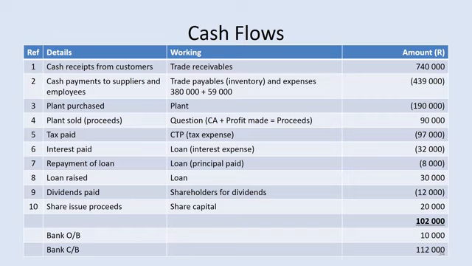Our interest paid was in relation to the loan, and we were able to see that the interest was a payment of 32,000 Rand, whereas the repayment of the loan, Part 7, loan principal paid, was 8,000 Rand. Now, why have I split this loan between the interest paid and the principal paid?